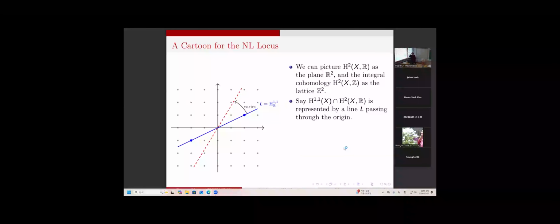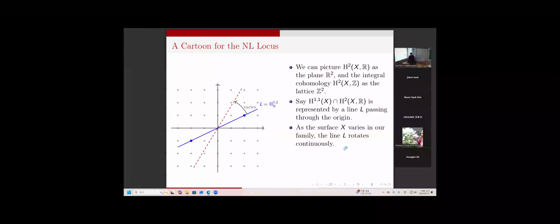And your H^{1,1}, instead of a complex vector space, is actually defined over the real numbers, and its real model is given by taking the intersection with H^2_R. Let's imagine that this is some line passing through the origin.